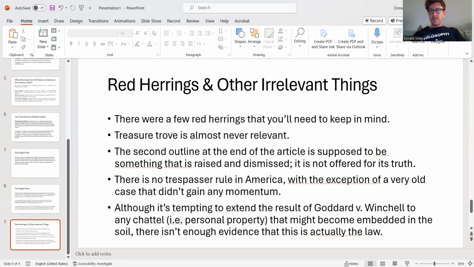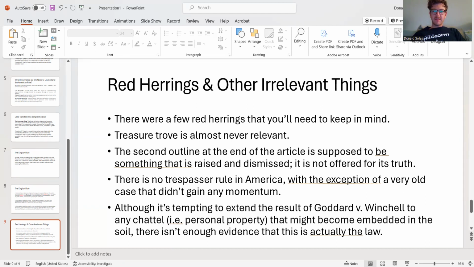And the judges were sort of hedging in that case. They said, we don't know exactly how the lessor has these rights in the canoe. It's either because the canoe is a mineral or because he owns all the chattel in the land. But that's the only kind of support we get for the idea that chattel could become embedded in the soil.